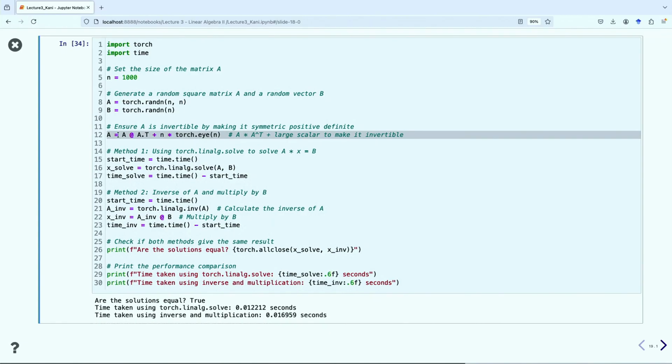We make sure A is invertible by multiplying it by its transpose and adding some values to the diagonal, and by adding a large scalar. And then I'm simply timing linear algebra solve, and timing how long it takes to get the inverse and then do the inverse times B.